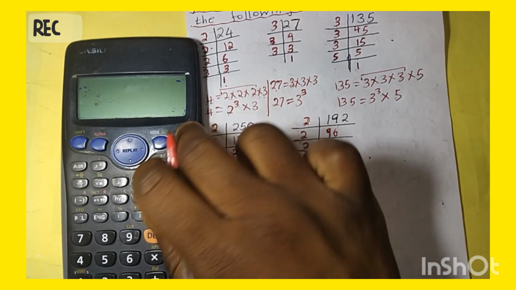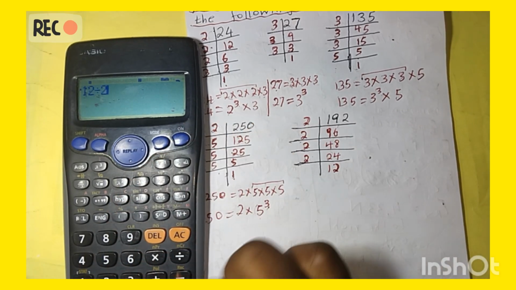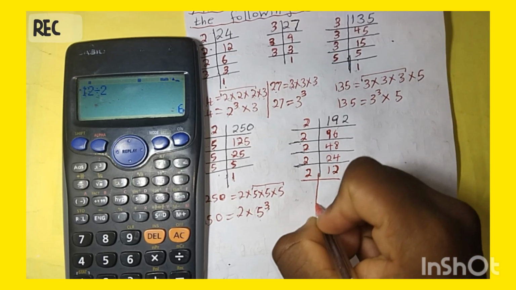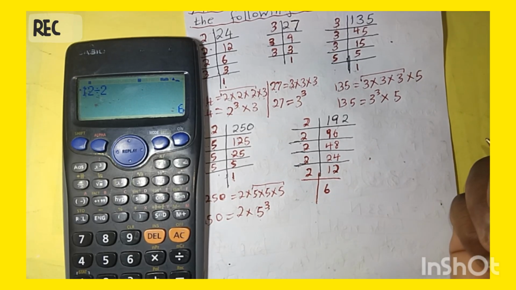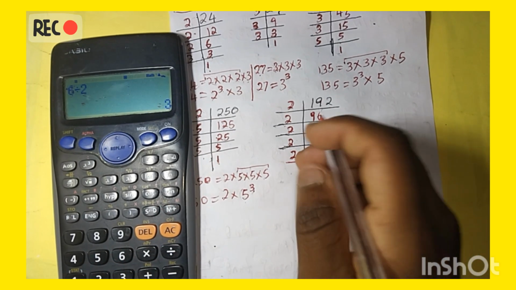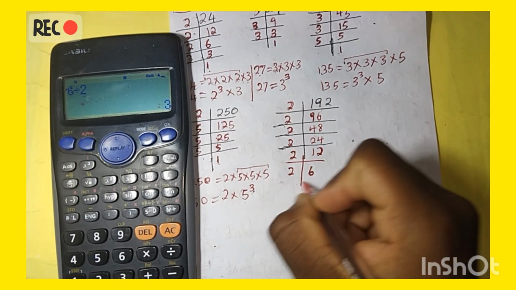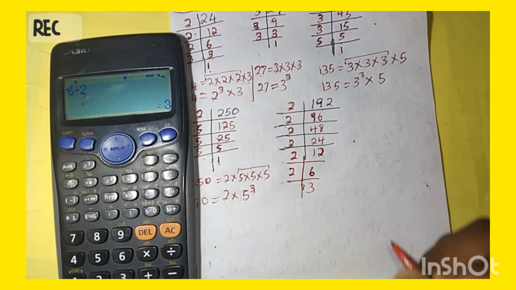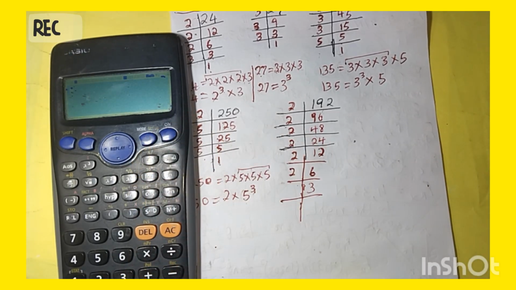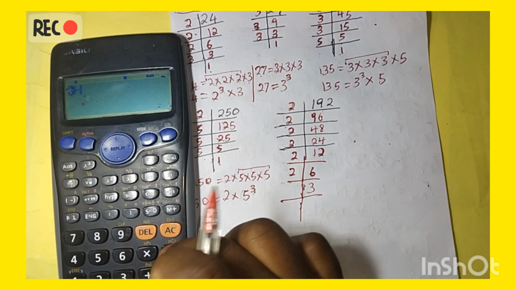Now 12 divided by 2, you'll get 6. And now 6 divided by 2, you'll get 3.